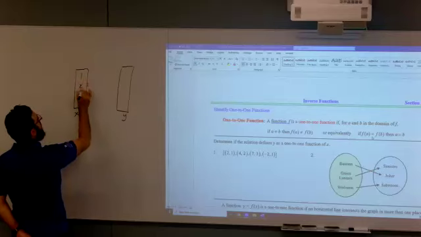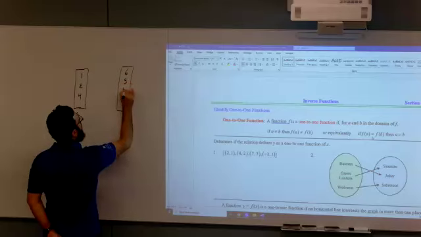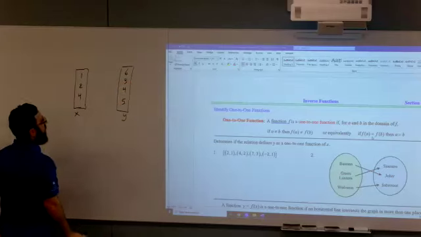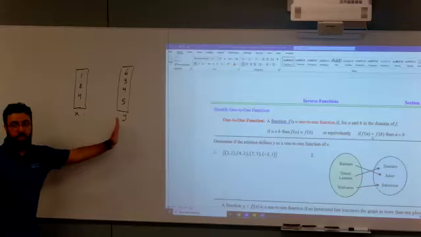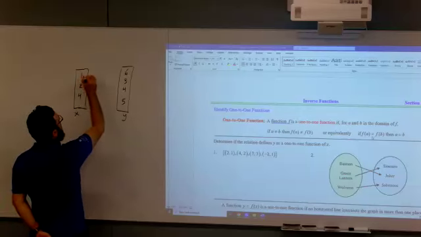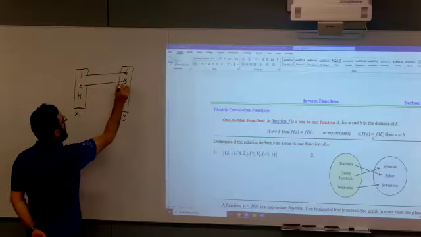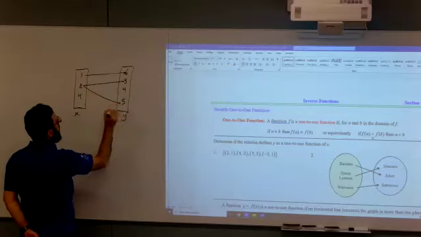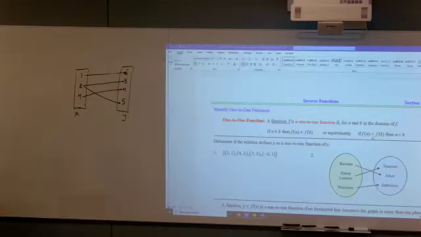We have 1, 2, 4, and 6, 3, 4, 5. Remember I told you this column refers to the person and this column refers to the place. So let's say person number 1 goes to place 6. Person number 2 goes to 3 and to 5. And person number 4 goes to place number 4.